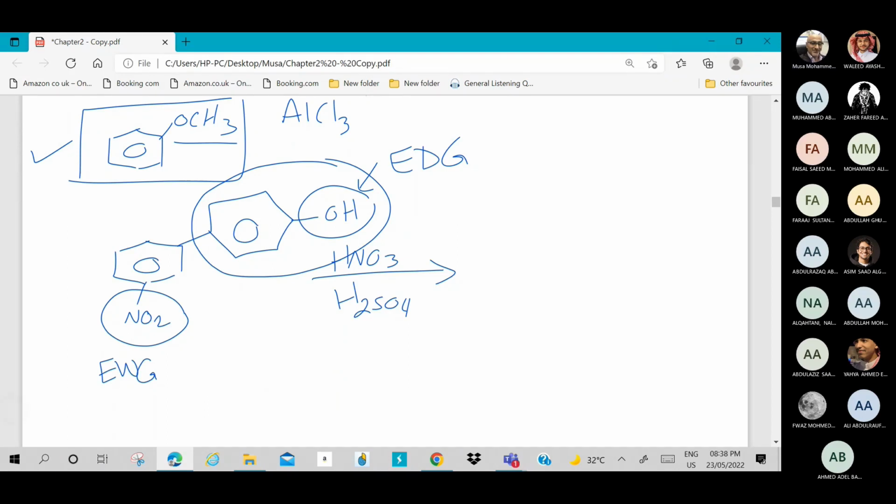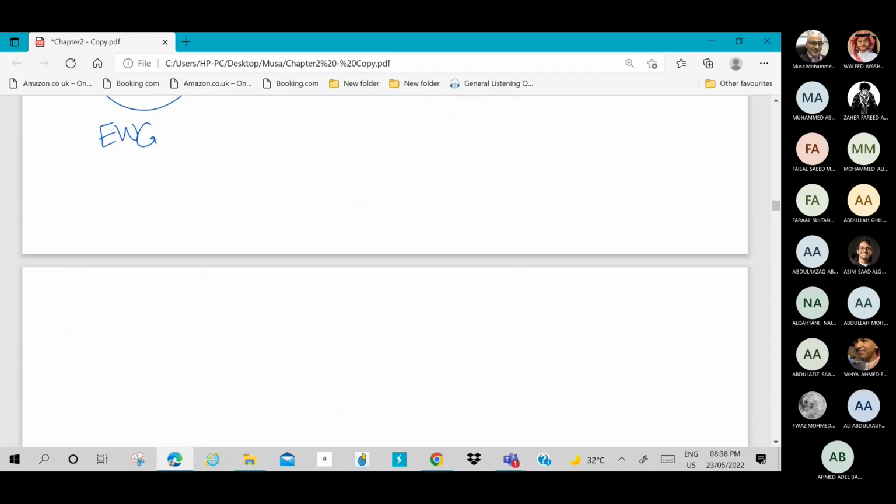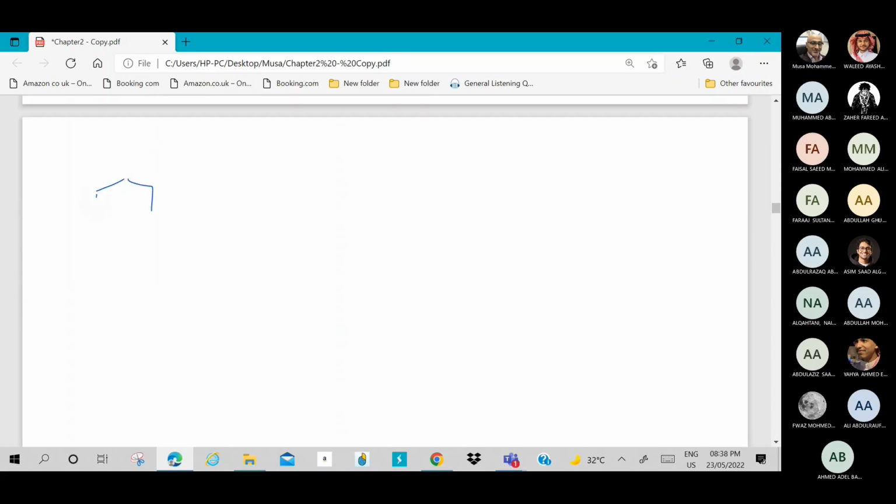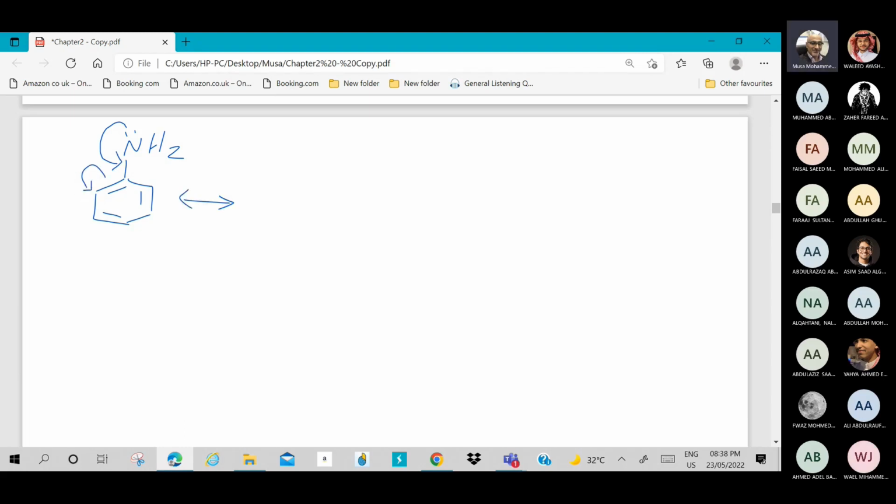Now, this is a benzene ring that has NH2. Now, if we draw resonance forms, we know that this lone pair gives electrons in this direction, and then it forms this.